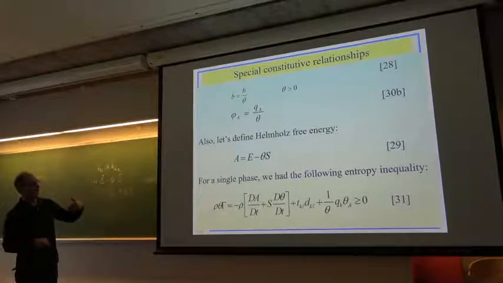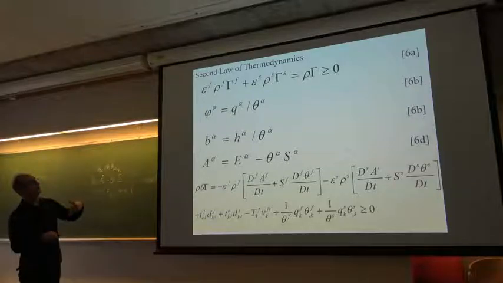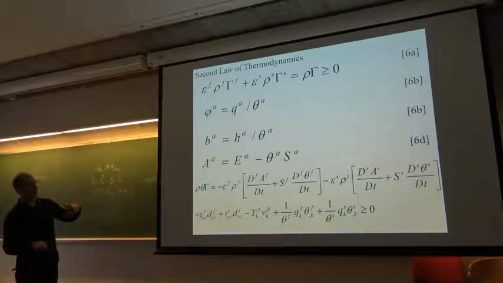If we do that, then for each phase we get this, as we had this morning. Now we get this for each phase, but the sum of it must be non-negative. So that's what we now repeated here, and this is the sum. So this is now my entropy inequality.